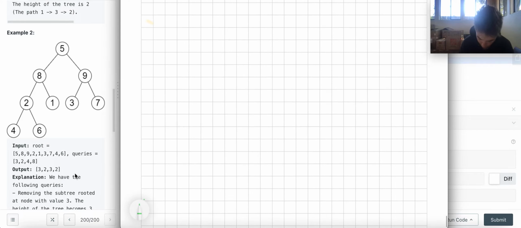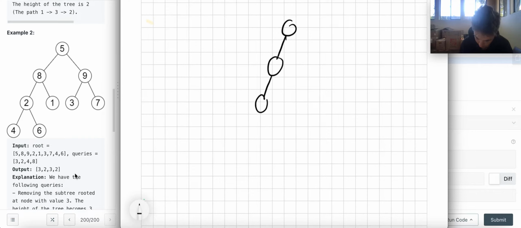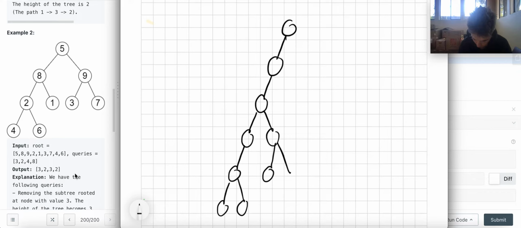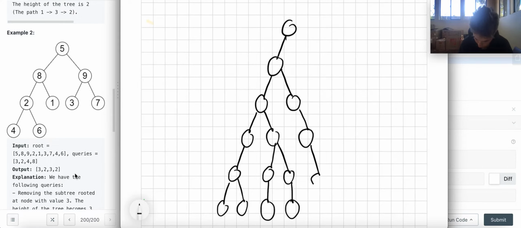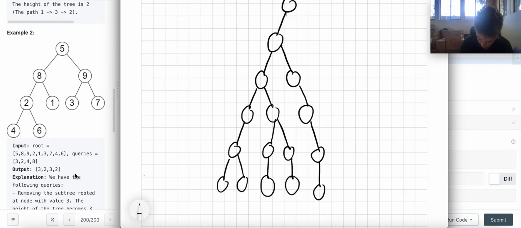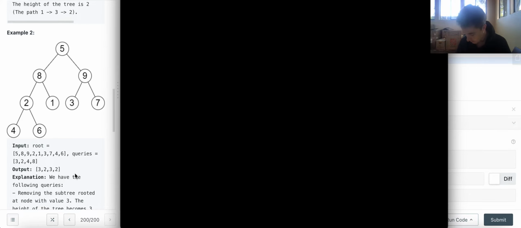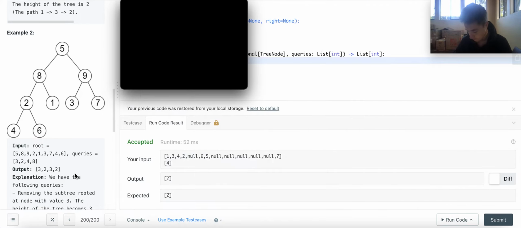So let me try to draw a more general example, and maybe it'll make a little bit more sense. And my thing died.